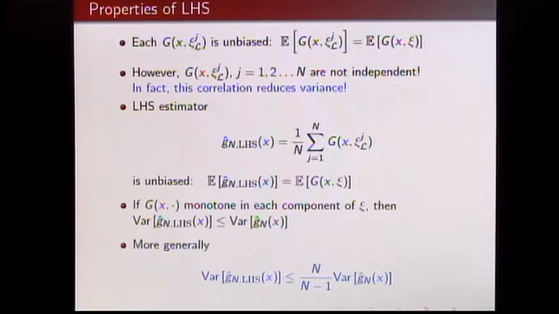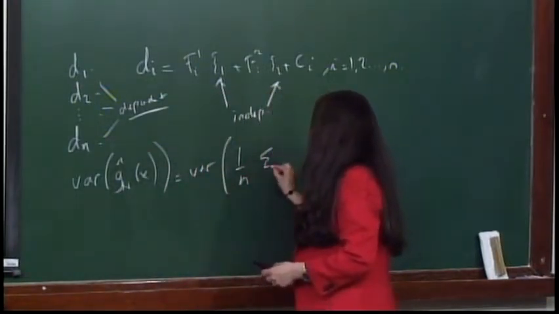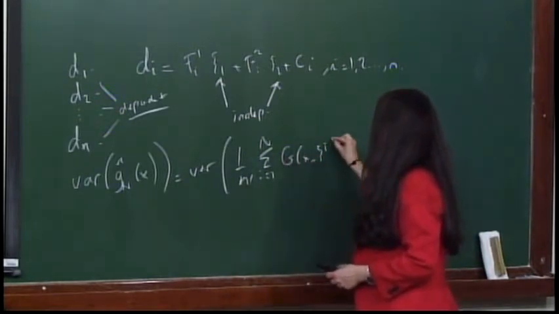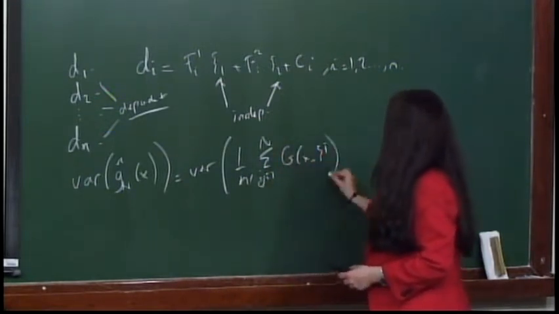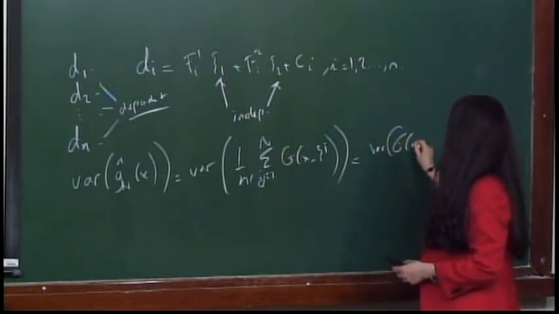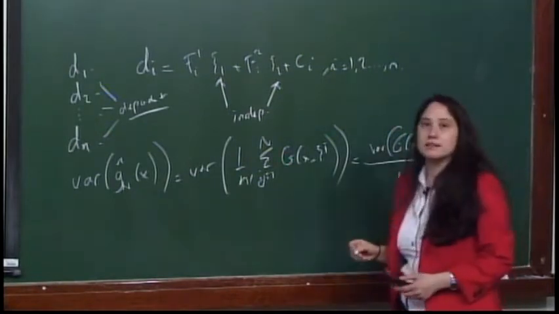Right, exactly. Variance over n. So Gn of x is, just to remind ourselves, G of x Cj, something like that. So it's going to be the variance of this individual term divided by capital N, okay?